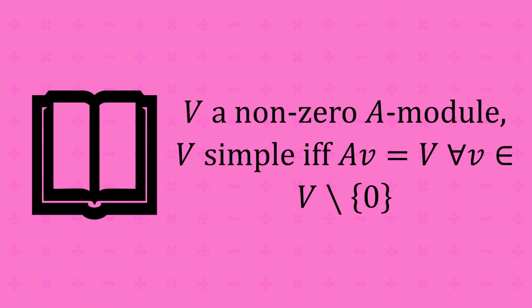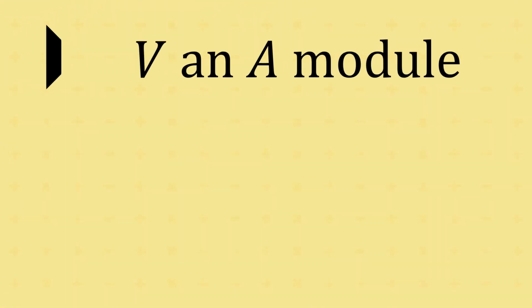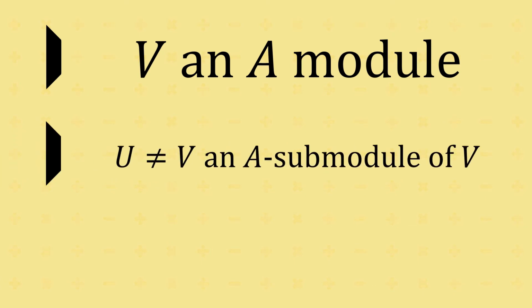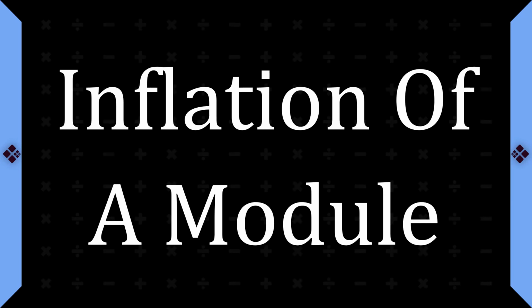If V is a non-zero A module, then V is simple if and only if Av equals V for all non-zero v in V. Next, let's give a result for simple factor modules. Let V be an A module, and let U not equal to V be a submodule of V. Then the factor module V over U is simple if and only if U is a maximal submodule of V.